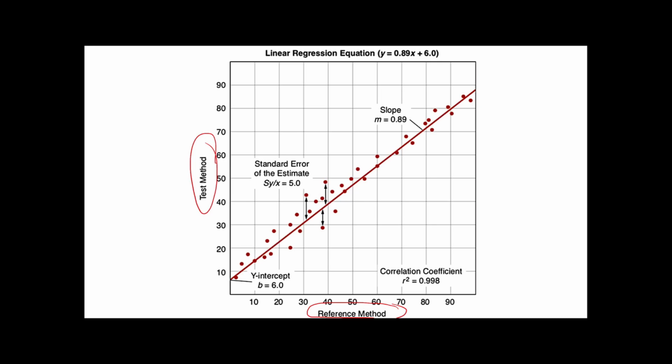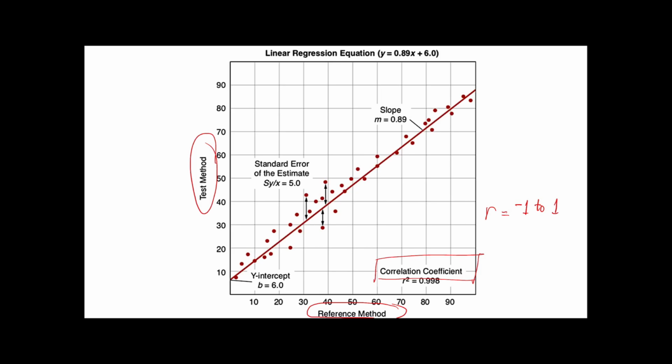Another thing that we need to consider here is the correlation coefficient. This is the R value. This correlation coefficient is a measure of the strength of the relationship between the two methods, the reference and the test methods. And the correlation coefficient can have values from -1 to +1.